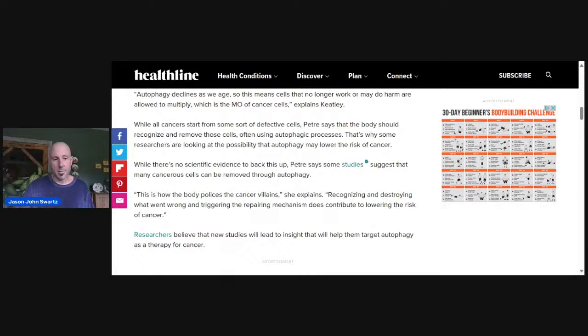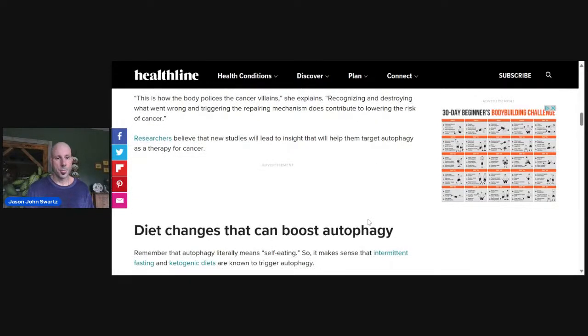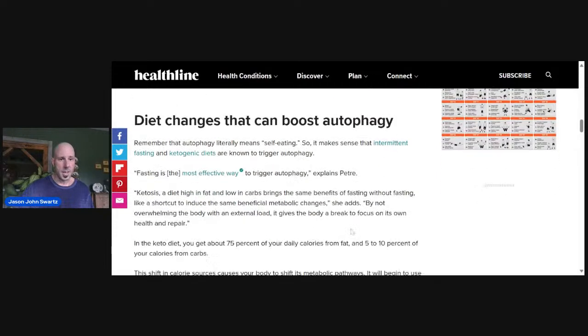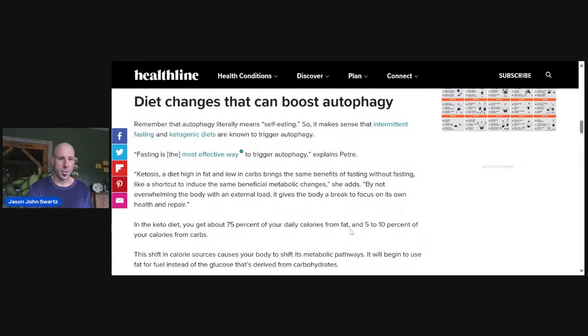This is how the body polices the cancer villains, she explains, recognizing and destroying what went wrong and triggering and repairing mechanisms does contribute to lowering the risk of cancer. Researchers believe that new studies will lead to insight. Diet changes that can boost autophagy.